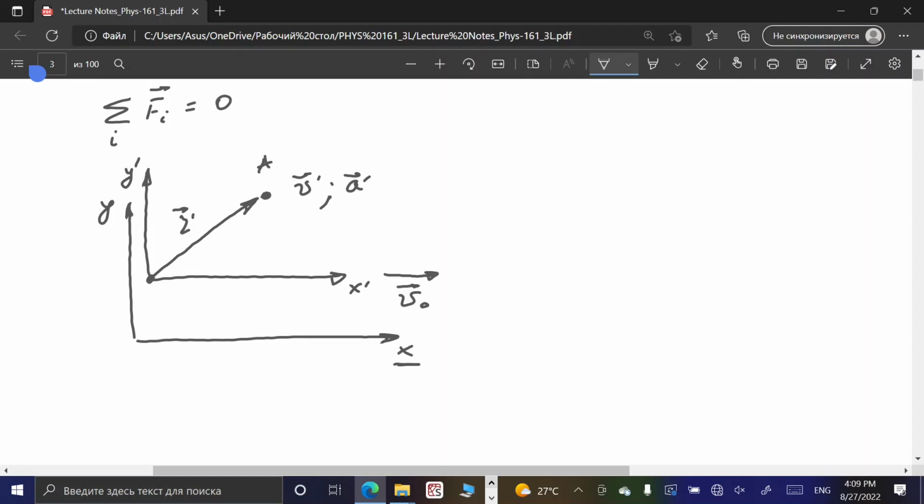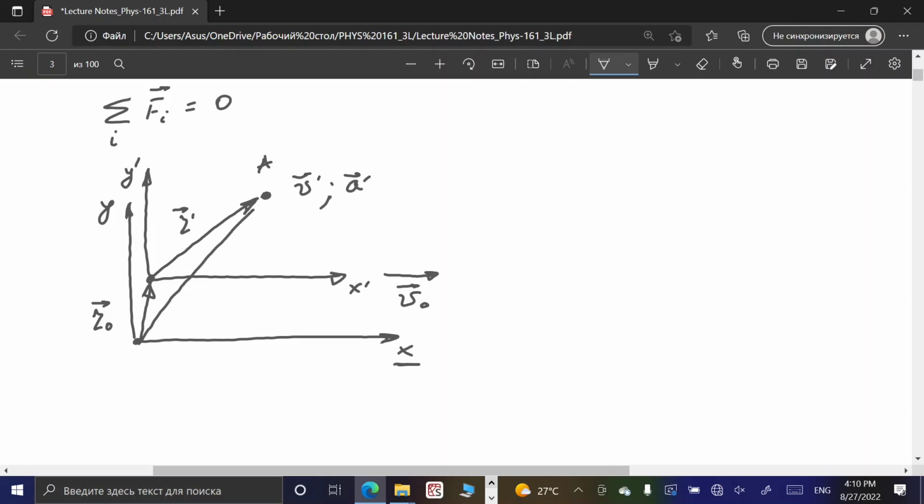So with respect to the mobile system of coordinates, to the origin of this mobile system of coordinates. From other side, we can also define the position of the origin of this mobile system of coordinates with respect to immobile one. So this will be position vector r naught. And obviously, we can define also the position of this point A with respect to immobile system of reference.